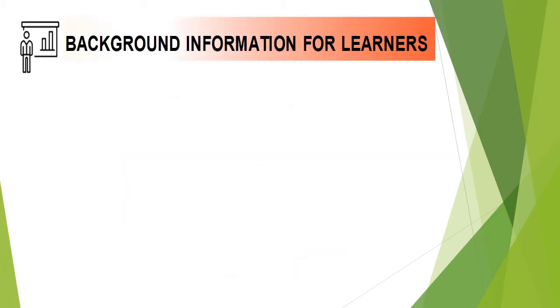So our first stop will be the background information for learners, or the BIL. This is very important because we will no longer be having the discussions as we normally do inside the classroom. So the purpose of this is for concept inputs.